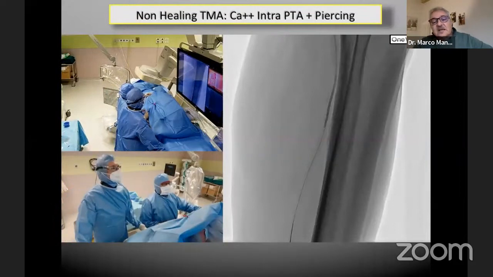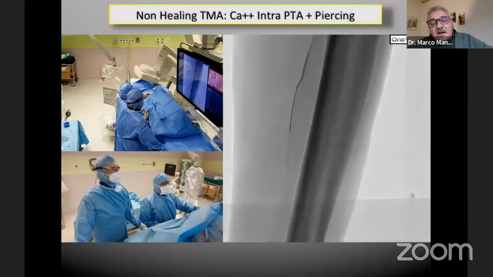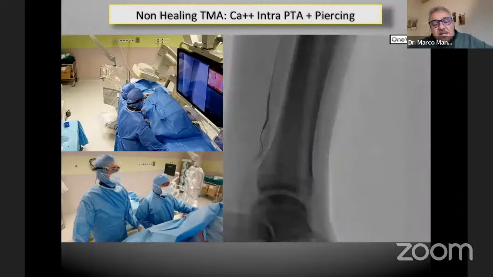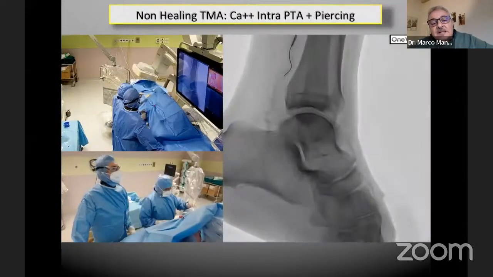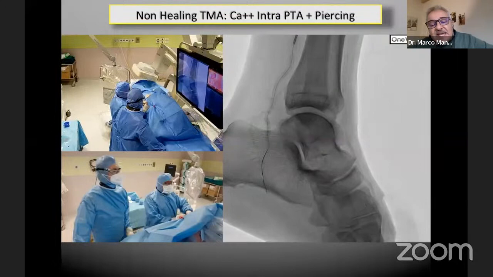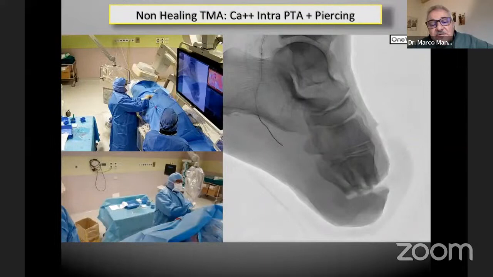You can see the amount of calcium is really tough, especially when we arrive in the malleolar area, the amount and the color of the calcium is really severe. The anatomy is quite tortuous. So again, we are using a wire capable of navigating in the middle of calcium, and this is a Fielder FC wire from Asahi.